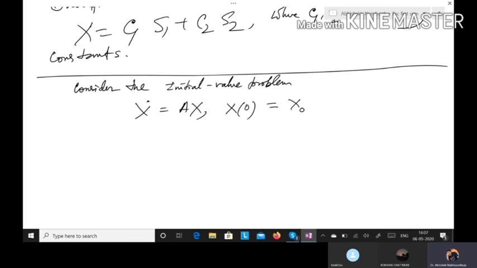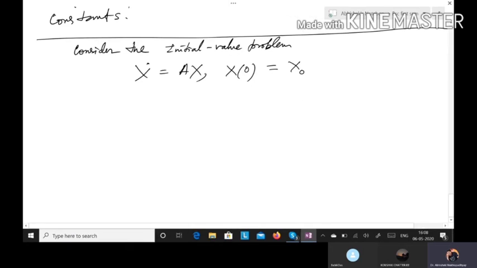So we have to prove the uniqueness theorem for this problem, and the complete solution for this, using the concept of fundamental matrix. So that we are introducing in this discussion. What is meant by fundamental matrix?